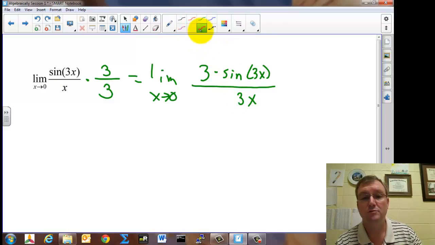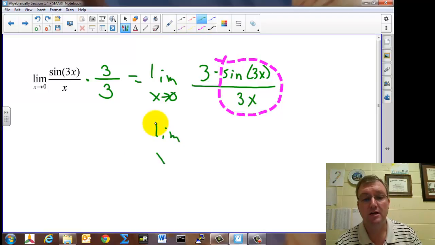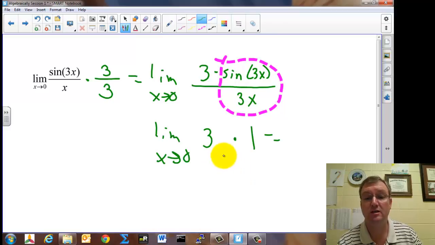Well, this part right here is our special limit, isn't it? So we can utilize that part and say then this becomes the limit as x approaches 0 of 3 times the number 1. Well, there's no fraction, so we know we can evaluate this now. There's no x to put in. So then the limit has to be the number 3.